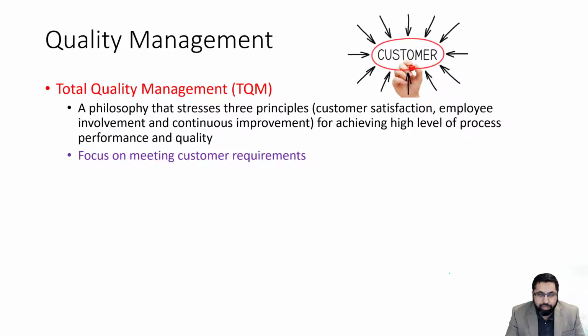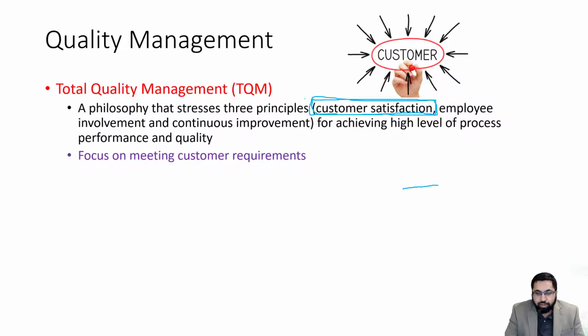Let's talk about TQM, Total Quality Management. It is a collection of ideas that can help companies improve their quality. The first major idea in TQM is that quality should be customer-centric. It should be defined from a customer's perspective.